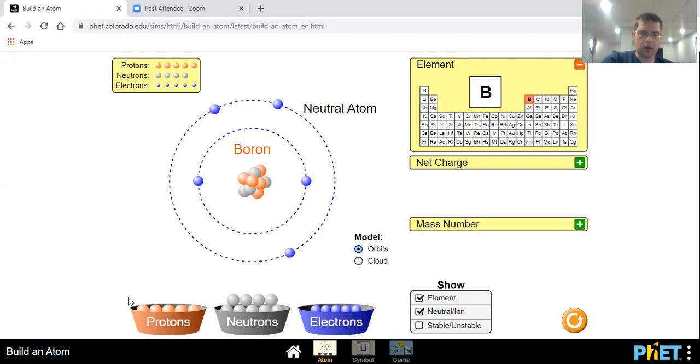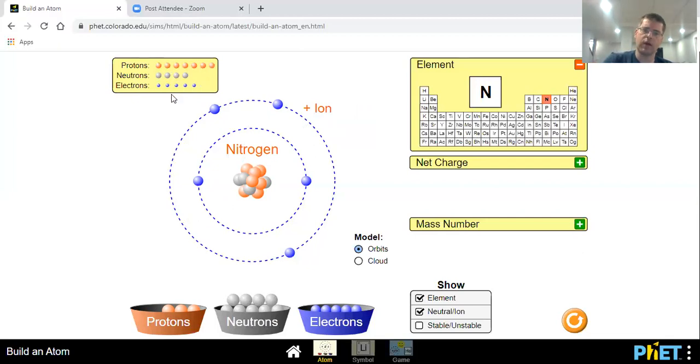Let's just do one more. Okay. Let's add 2 more protons. Will I still have boron? Oh, carbon. Nitrogen. My gosh, it changed, but I don't have an atom because I don't have the same number of protons and electrons. So let's see, I have 1, 2, 3, 4, 5, 6, 7 protons. And I have 1, 2, 3, 4, 5 electrons.